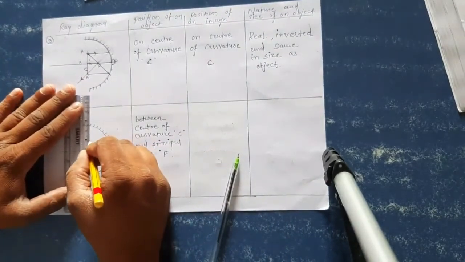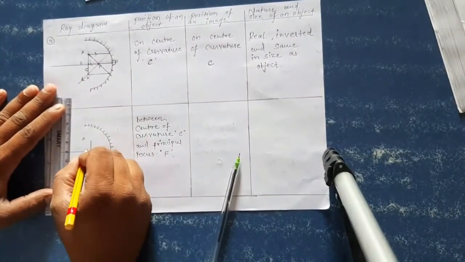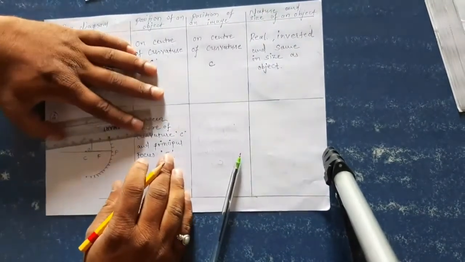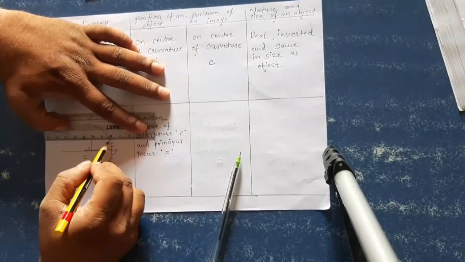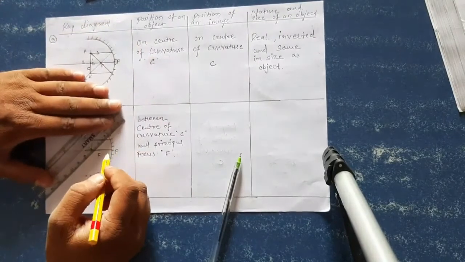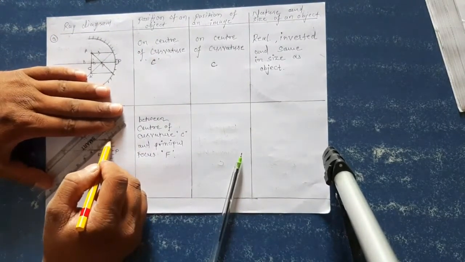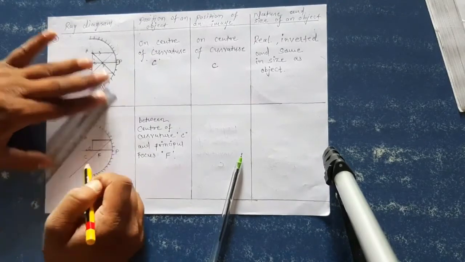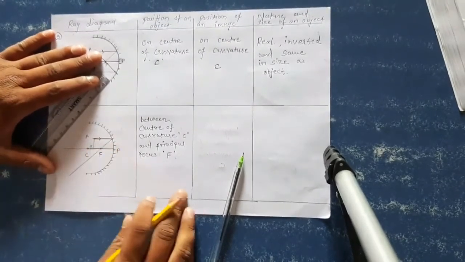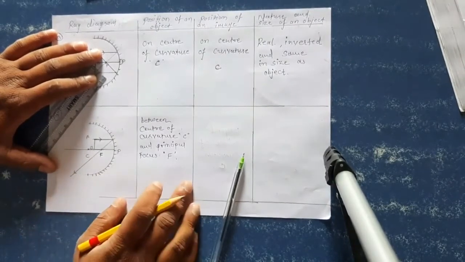First, if I place my object AB like this, the first ray, which is parallel to the principal axis, we know that the light ray parallel to the principal axis is going to pass from principal focus F.